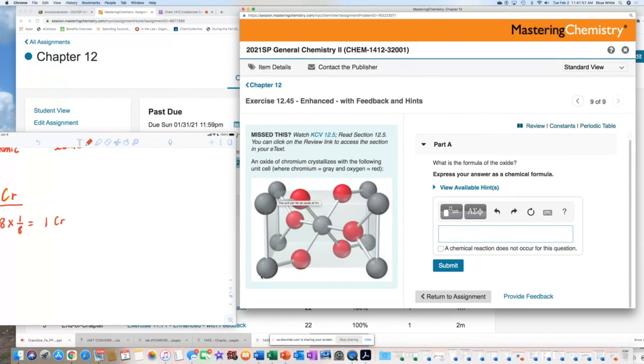And then this one here, it looks like it's in the middle, right? Because there's no shadows on it or anything. So that one is going to be a middle. So I have one center, 1 times 1. This is called a corner, and then center. And I see one chromium. So I have a total of 2 chromium ions, right? Is that what you got?